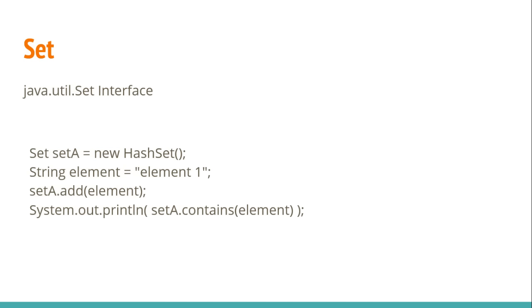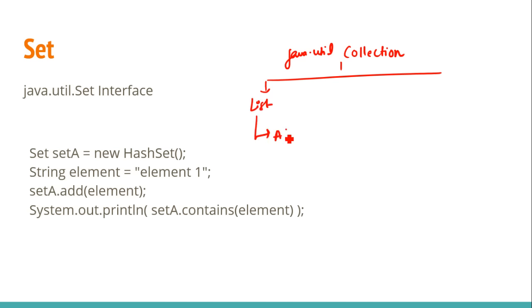All right, so as you see, set is also one of the implementations of collections. Let me quickly draw the hierarchical diagram for you. So this is java.util.Collection, right? And we have seen list, which has ArrayList, I'm just writing the short form, okay?